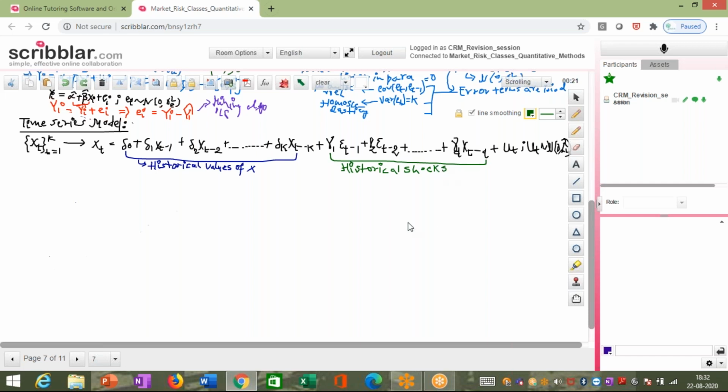So we have these two approaches, right? One is the historical values of X, and the other are the historical shocks. Now these two are the core components which can explain the future values or the forward looking values of x.